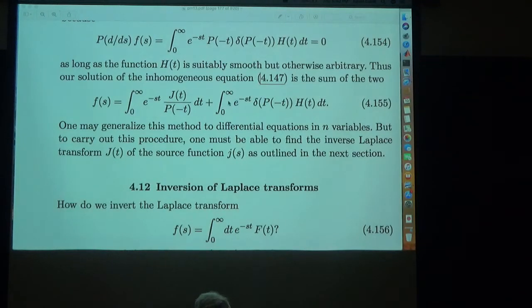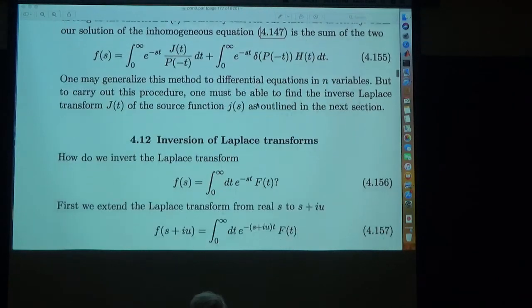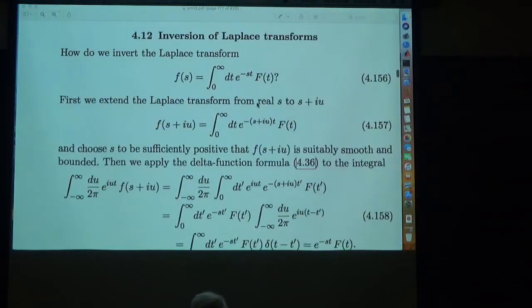I can't imagine why in physics we'd want anything more general than that. You might say then, how do we invert a Laplace transform? But once again, I've been moving through this chapter pretty fast. So if you guys have more questions, it's highly appropriate to ask me to stop.